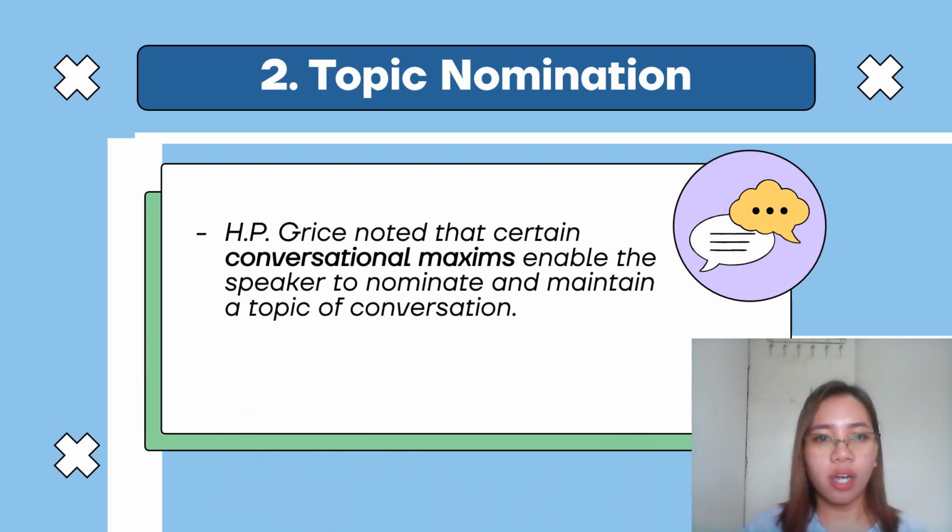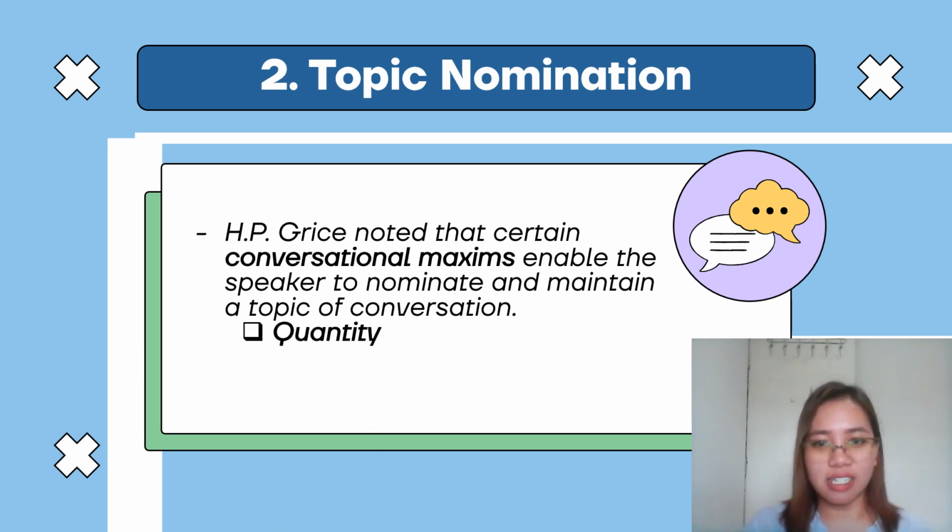So, once speakers have secured the hearer's attention, their task becomes one of topic nomination. Grice noted that certain conversational maxims enable the speaker to nominate and maintain a topic of conversation. So, there are a few explicit rules for accomplishing topic nomination in a language.